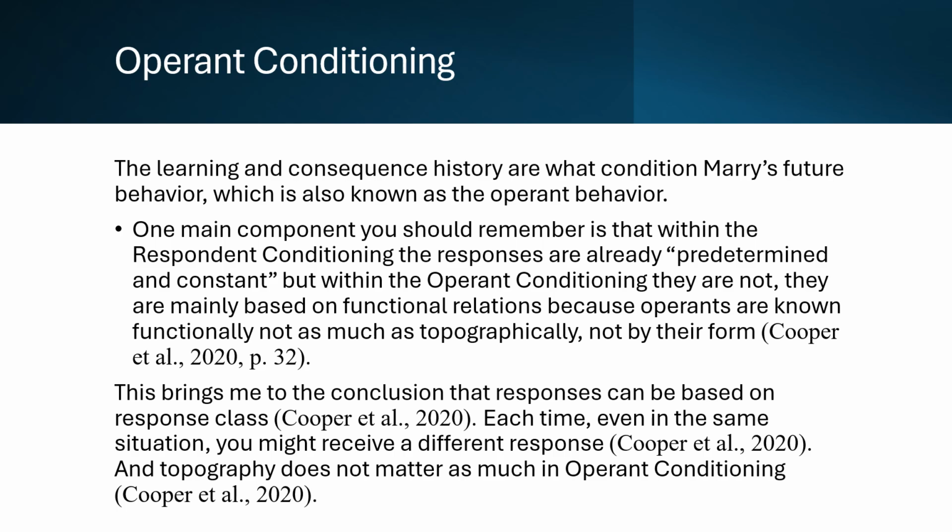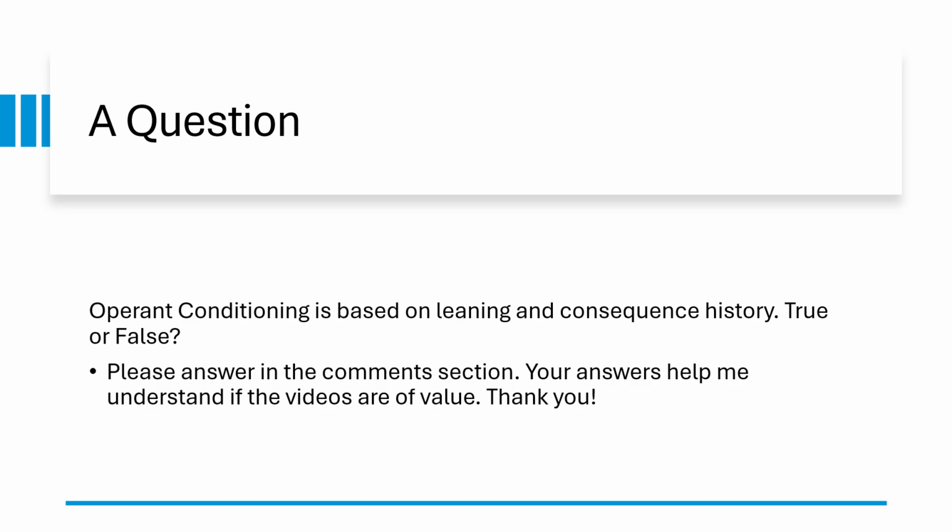They are mainly based on functional relations because operants are known functionally, not as much topographically, not by their form. This brings me to the conclusion that responses can be based on response class. Each time, even in the same situation, you might receive a different response, and topography does not matter as much in operant conditioning.